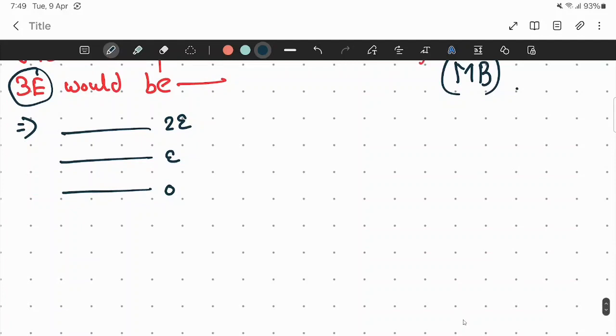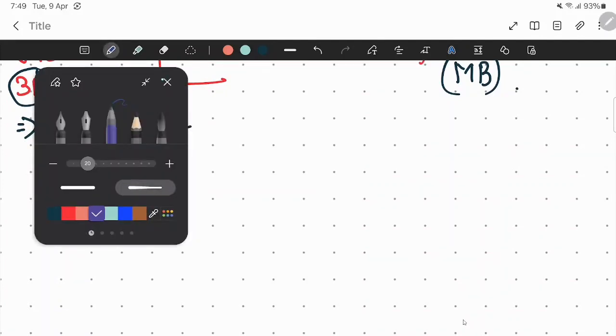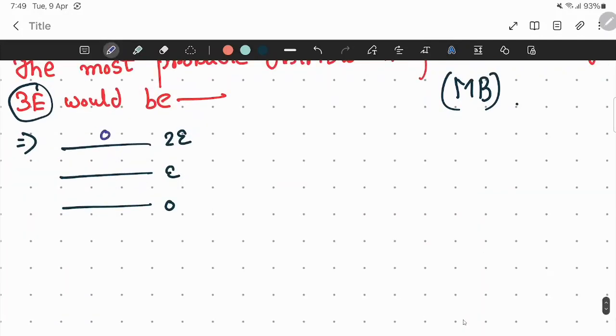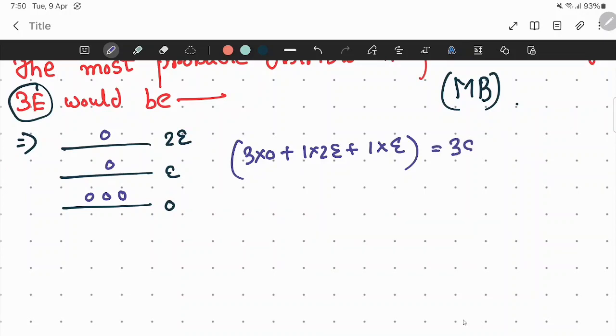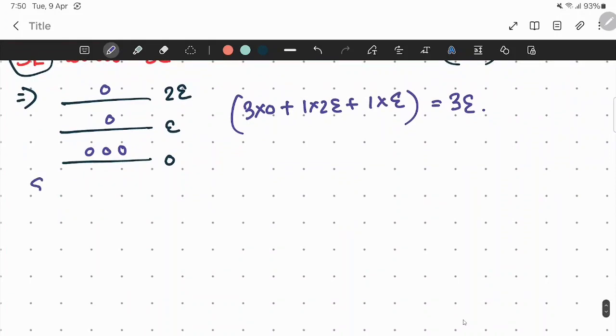So maybe one particle is here, one is here, and the rest of the three are here. Then the total energy will eventually be 3 into 0 plus 1 into 2 epsilon plus 1 into epsilon. So eventually it is 3 epsilon. So this is one orientation. You can write it like 3, 1, 1. This is a possible case.